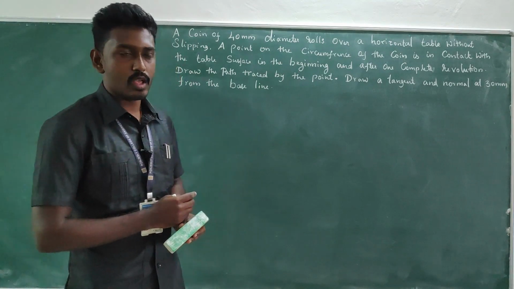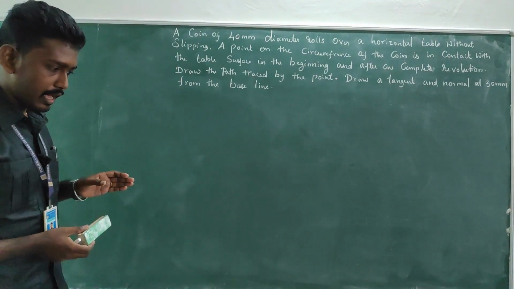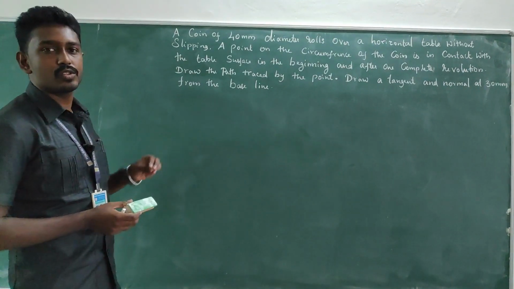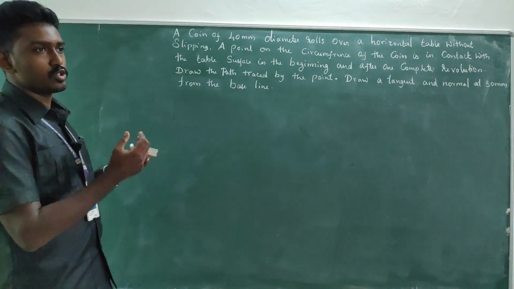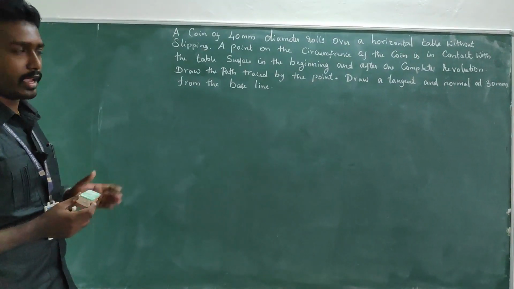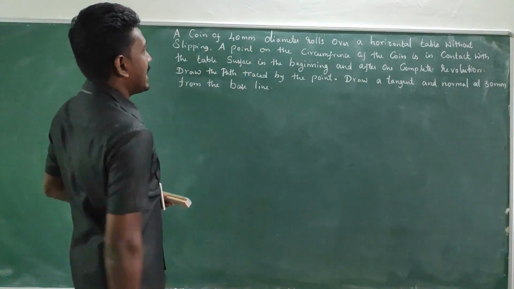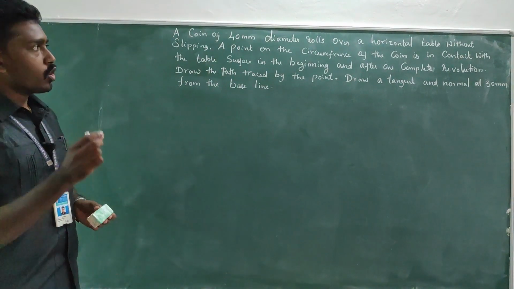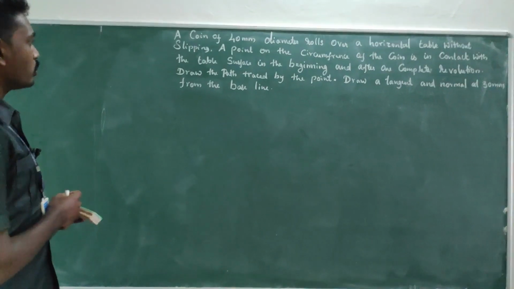That's the change. So I have a question for you. Once you have the question, you just understand the concept. Just read out the things and try to understand what it is trying to say. I'll read it out for you. A coin of 40 mm diameter rolls over a horizontal table without slipping.